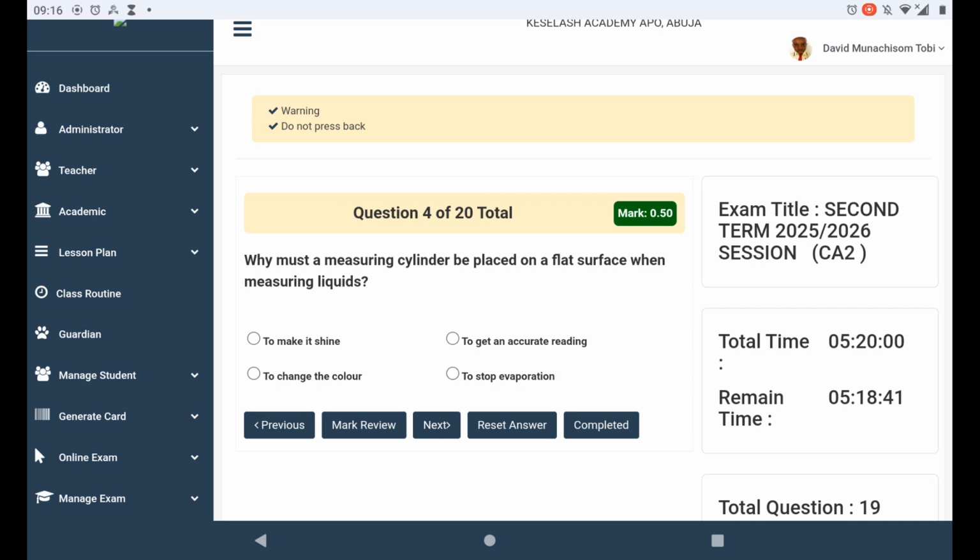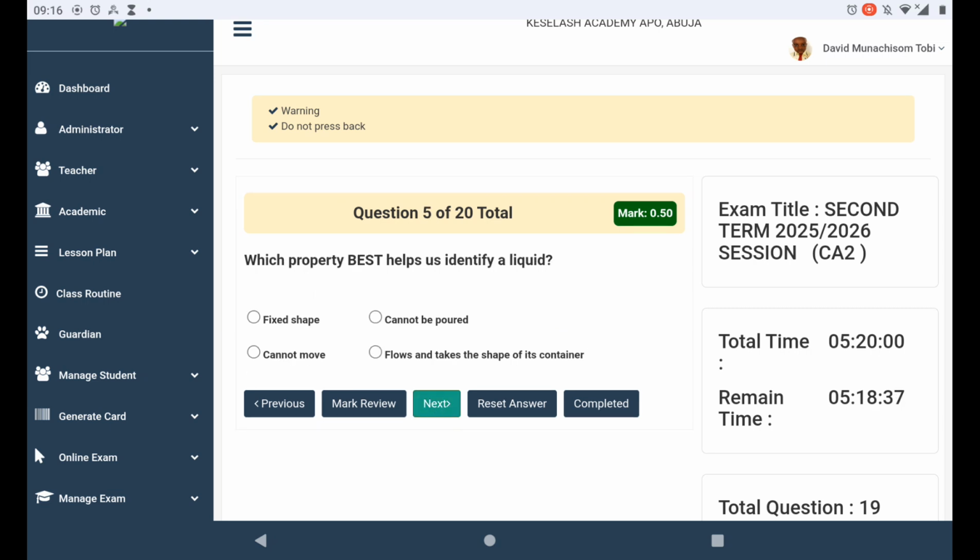To get an accurate reading, yes. Now, next one, it says, which property best helps identify a liquid?